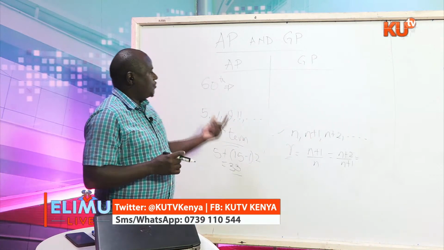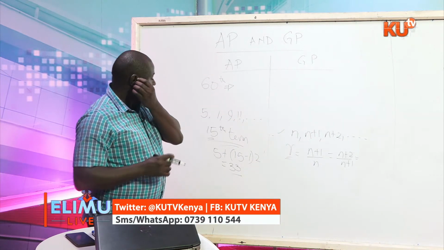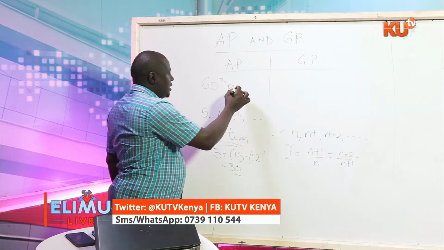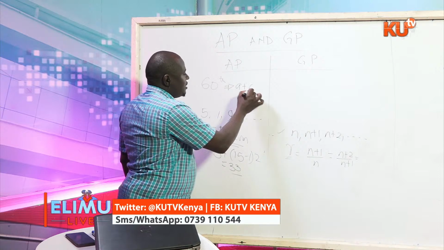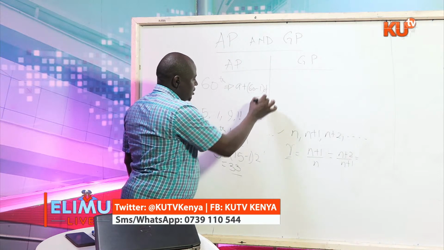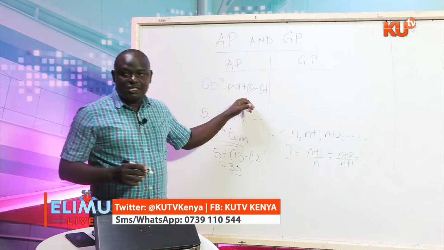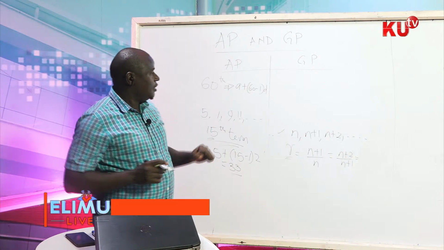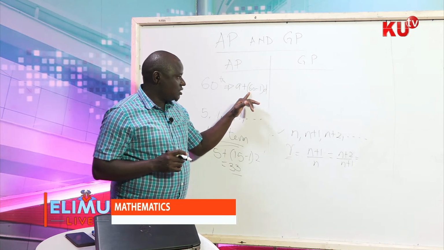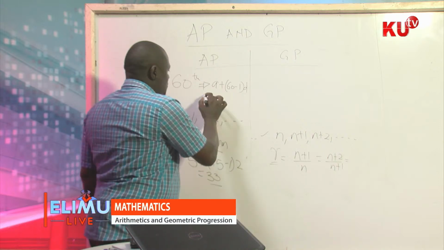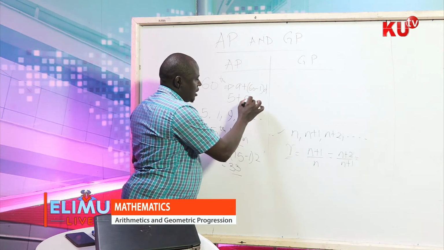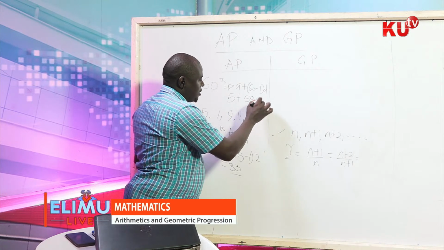It requires us to apply the general formula. So the 60th term shall be given by A plus 60 minus 1 into bracket D. In that case, our A remains 5, our n is 60, and our D remains 2. In that case, we have 5 plus 59 multiplied by 2.